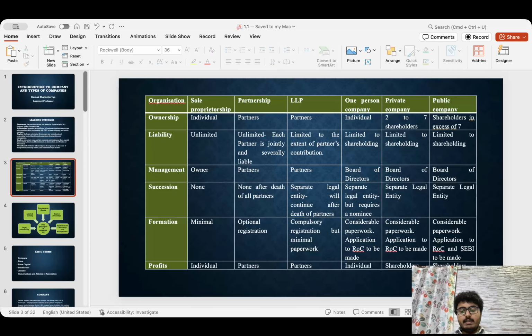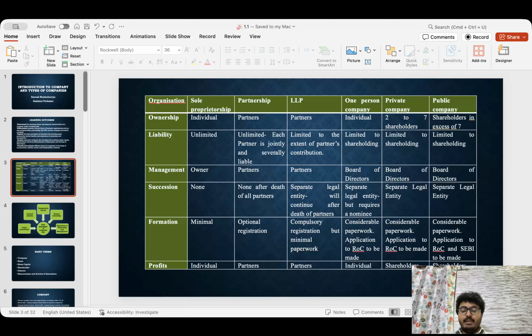A one-person company combines the benefit of sole ownership in the corporate structure. That means the board of directors is present, a separate legal entity with a required nominee, and considerable paperwork in the application to ROC to be made.